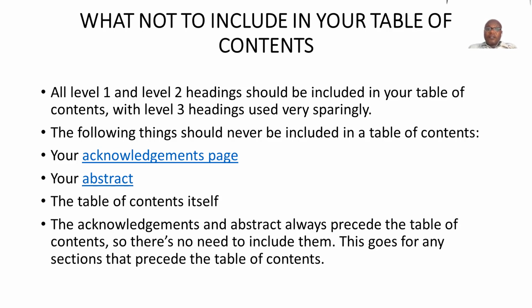Anything which comes before the table of contents, you don't include in it, because the reader has already seen it. So that is what is not included in a table of contents.